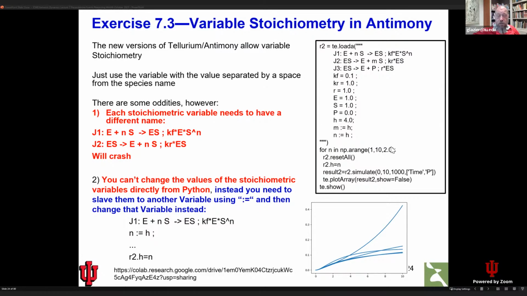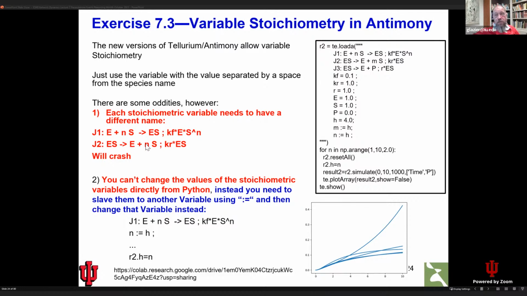There are a couple of things that are a little bit strange about it. First, if I said E plus 4S goes to ES, ES goes to E plus 4S, that would be natural. And if I have a forward and a backward reaction, it would be natural to use the same symbol for the number of molecules in the forward and backward direction. If I take 4 molecules of S with what reaction, I'd expect 4 molecules of S coming out. And Antimony won't allow that.